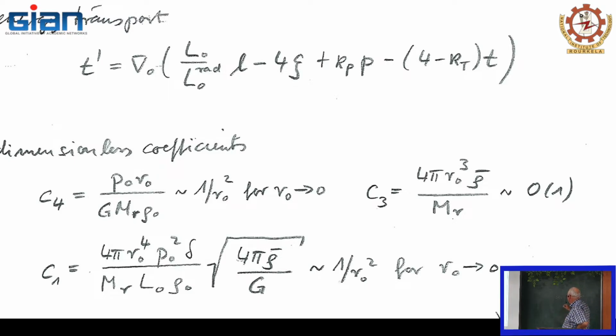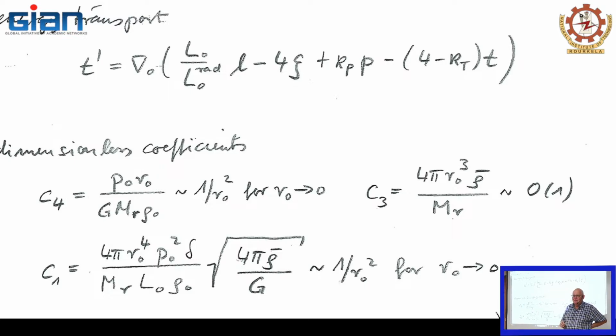So M(r) goes like r cubed if we approach the center, because the density has a finite value. So this goes like 1 over r squared, and this coefficient diverges approaching the center. It becomes infinite if we get close to the center of the star.